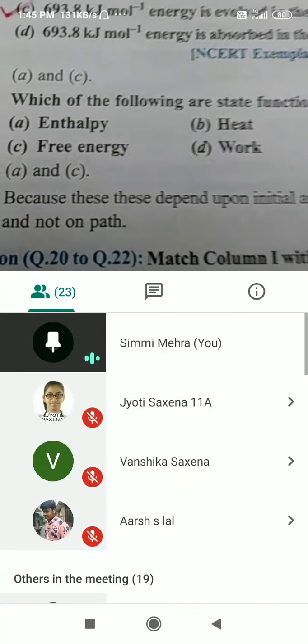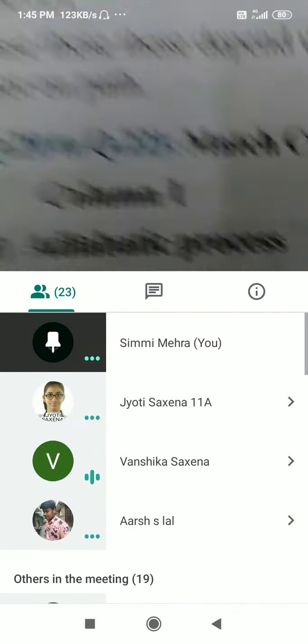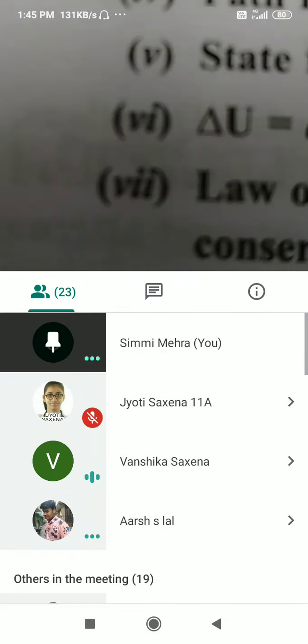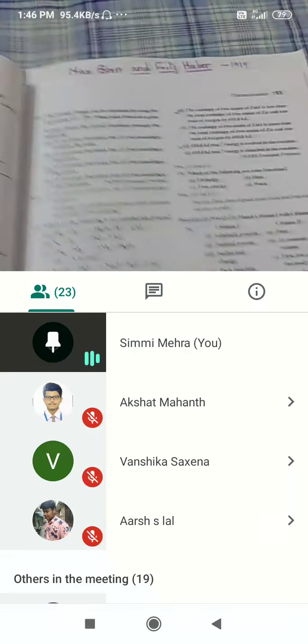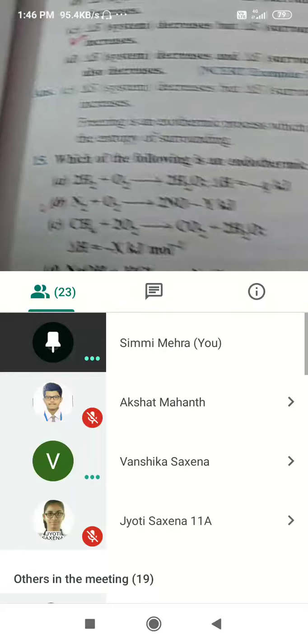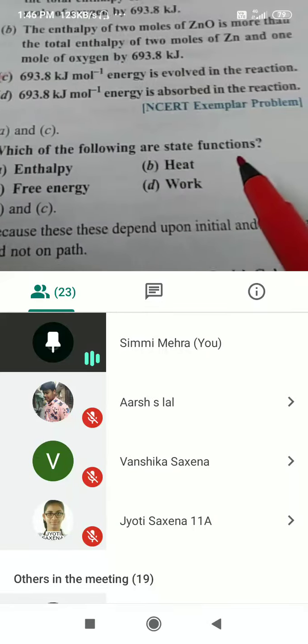Which of the following are state function? Which of the following are state function?